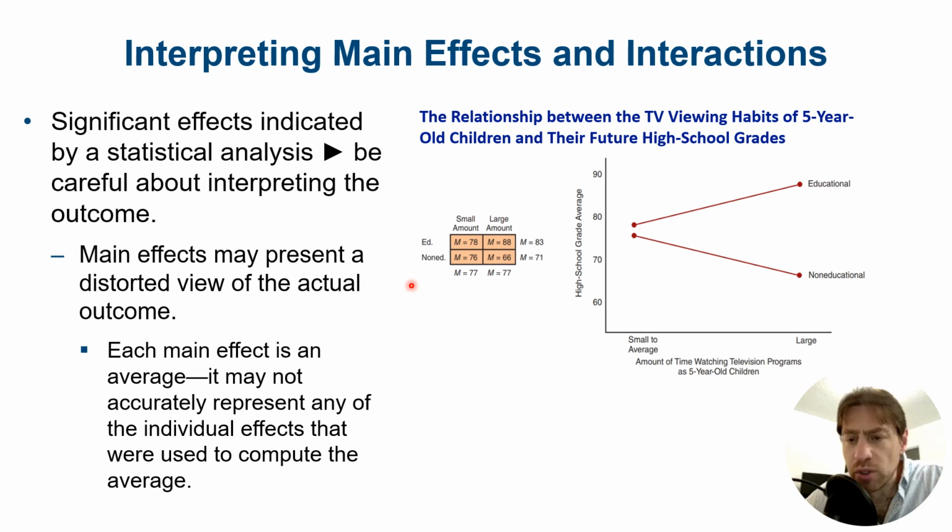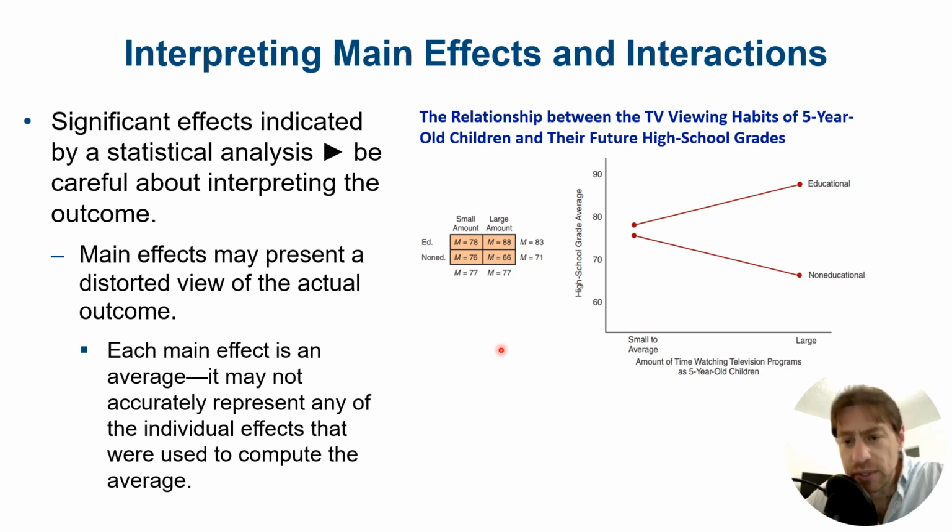Here we're looking at kids that watched a small amount of television versus a large amount of television. That's one factor, the amount of television. The other factor is the type of television they watched, either educational or non-educational. So we have 4 conditions, and we are measuring the high school grade average in each of these conditions.